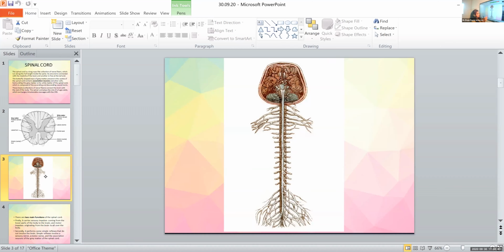So after the medulla oblongata, it connects to the rest of the central nervous system, which is our spinal cord, a rope-like structure covered by the spine or the backbone. At one end we have the medulla, and at the other end it has a free end. It is not joined to anything.